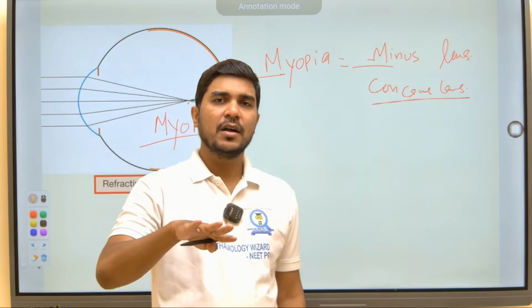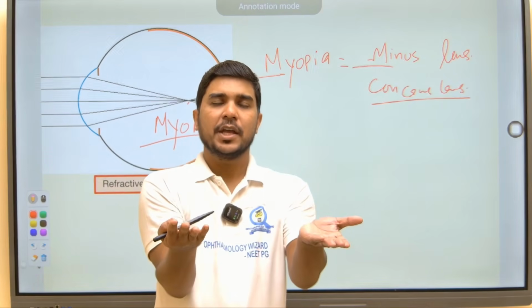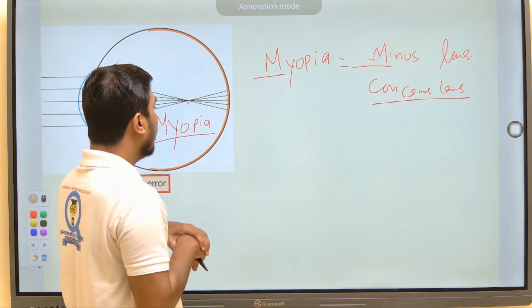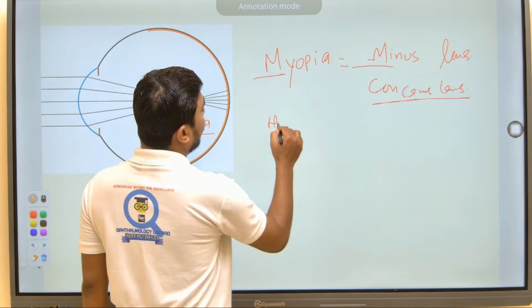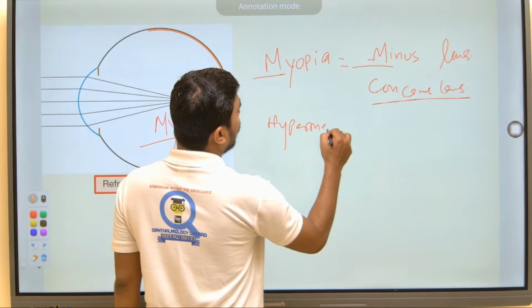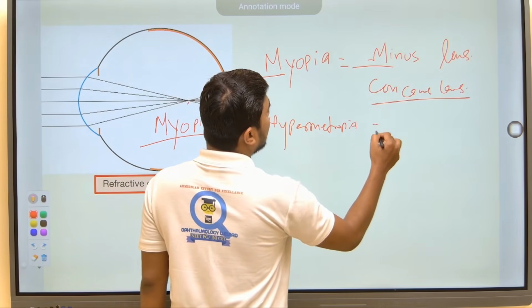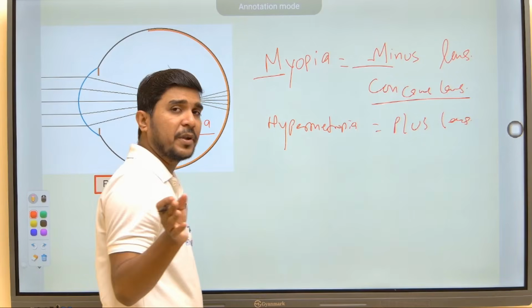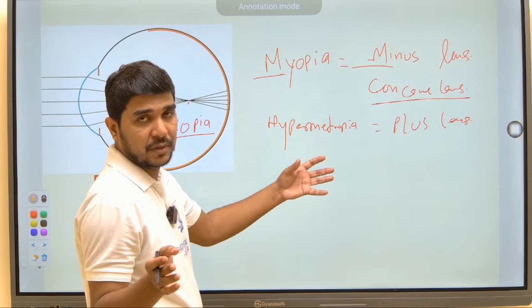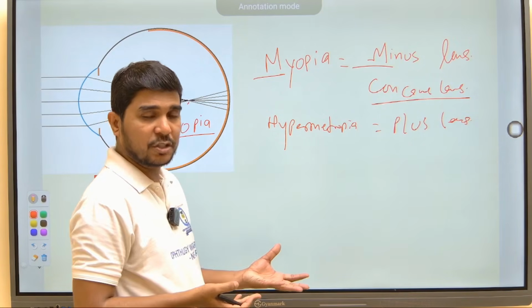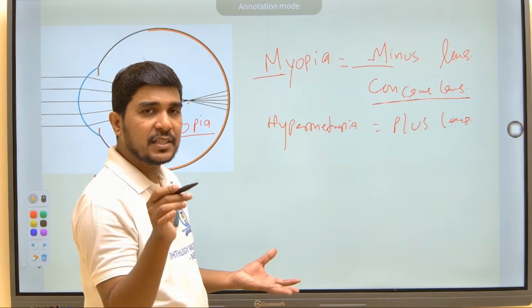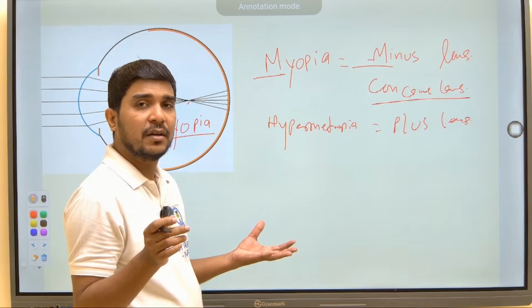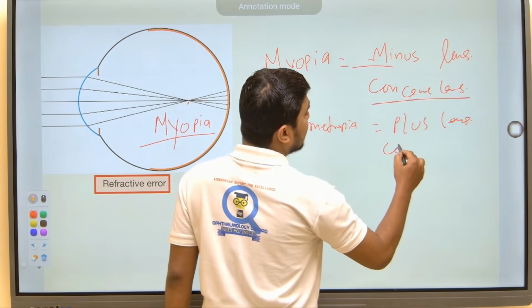Vice versa, for hypermetropia it will be a plus lens. It is a very important optical question. We will use a convex lens in that.